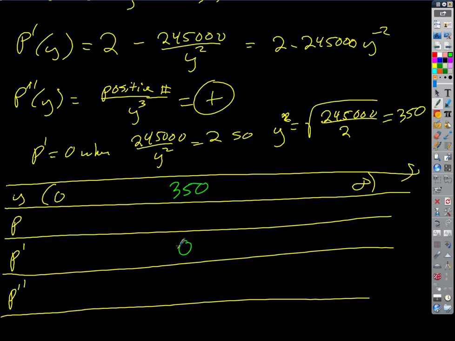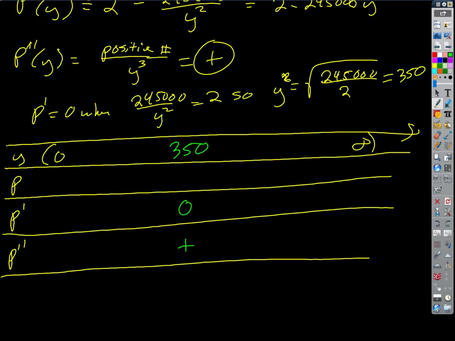This is 0 of the first derivative. What's the sign of the second derivative? Positive. So by the second derivative test, what do we got here? Which is what we want. If I've only got one minimum on my uninterrupted domain, then it's a global minimum, right? That make sense? So that's our answer, is y equals 350.